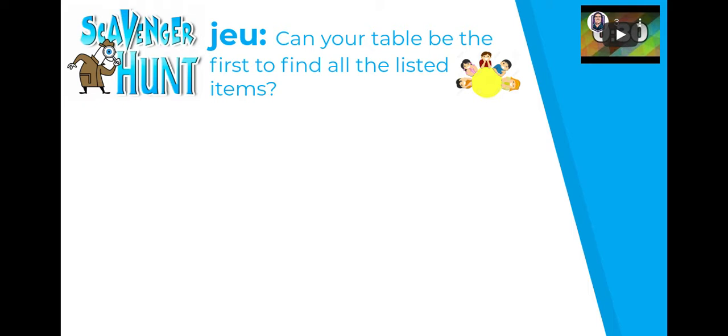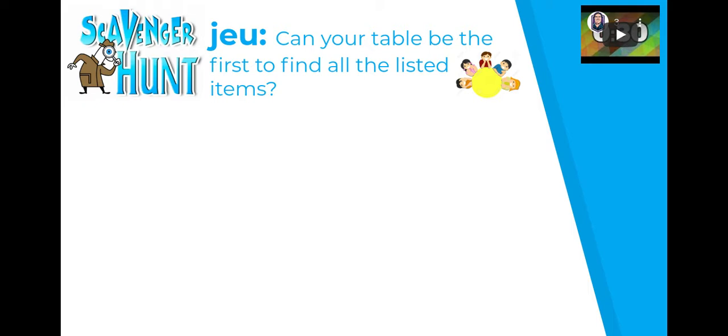After 30 seconds, I will reveal the correct answers and we'll see how close you guys are. So you are allowed to use things from the classroom. Just make sure you put them back. And then there is no stealing items from other teams. So like if someone has an eraser and you need an eraser, you can't take that eraser from them. You need to find one somewhere else, okay?